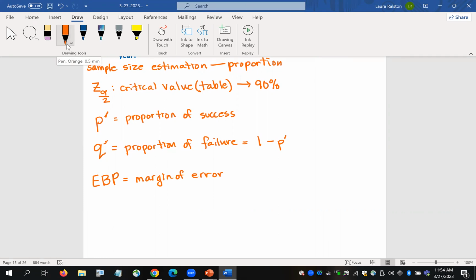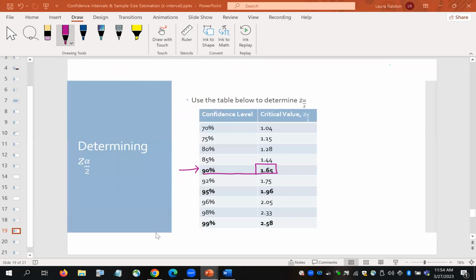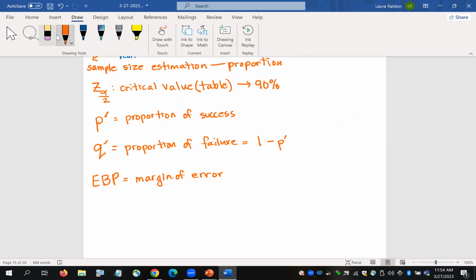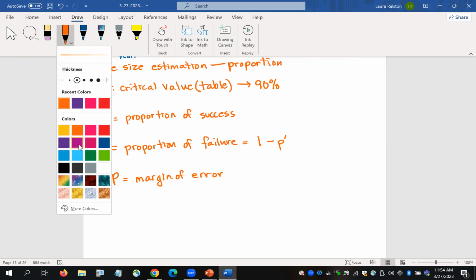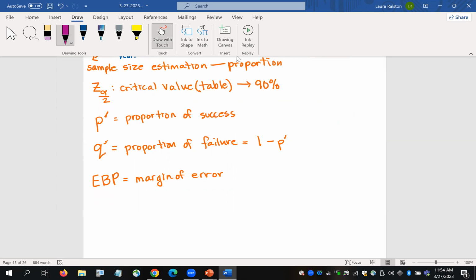So let's see if we can identify those things in this problem. I'm going to use my table that's on the PowerPoint. Again, 90% is going to be 1.65. So my critical value, for this problem, because I'm doing 90%, is 1.65.